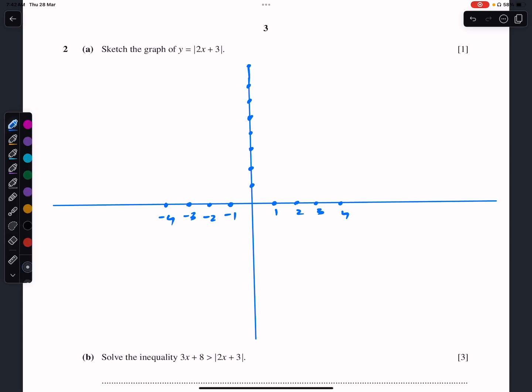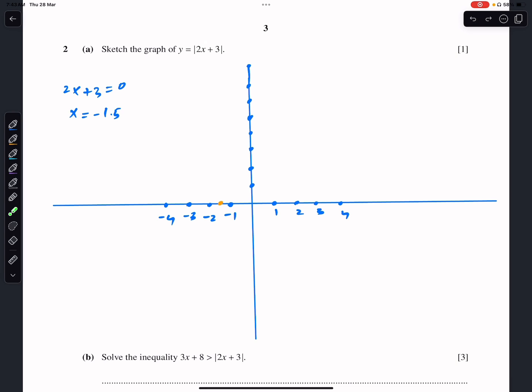So to sketch modulus graph, you just put the inside 2x plus 3 equals to 0. So you will get x is equals to minus 1.5. Okay, so minus 1.5 is here. This is your minus 1.5. And then you can see that your y-intercept is 3. Okay, so if you put x as 0, you will get 3.